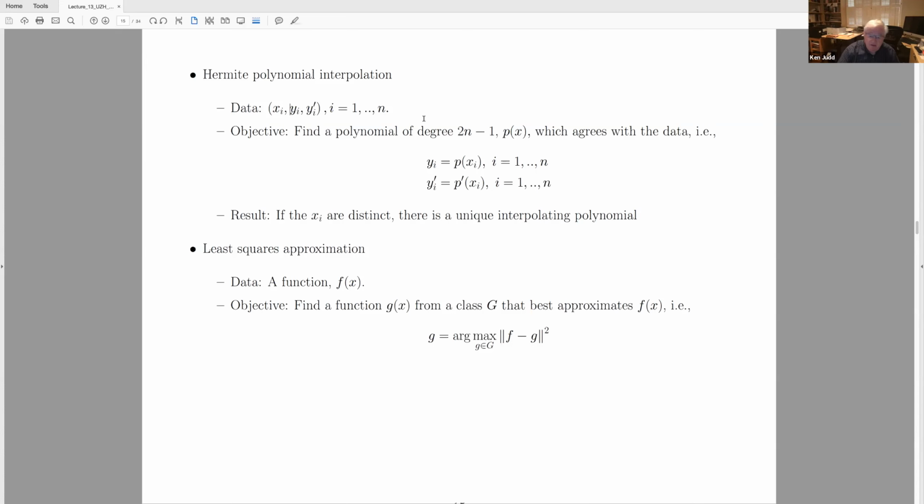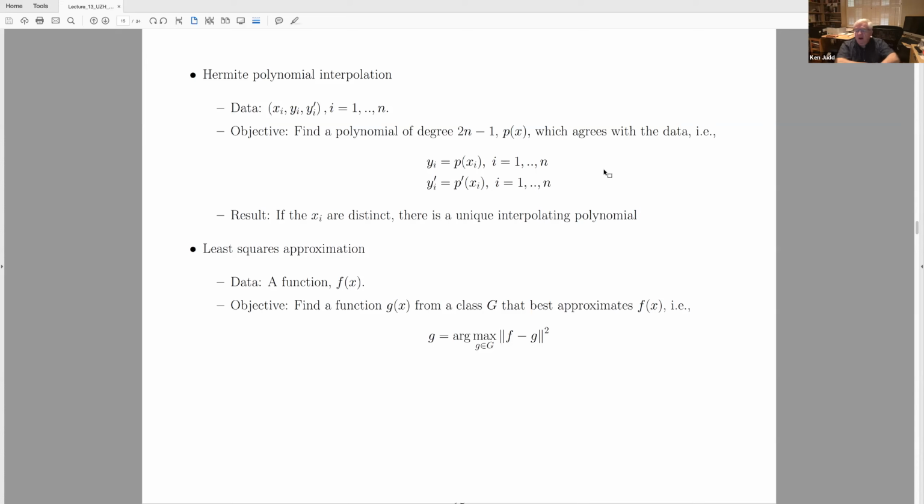Now you have 2n points of information. So you try to find a degree 2n minus 1 polynomial, which agrees with the data. By agreeing with the data, it means that you want the yi's to be equal to the polynomial at xi and the derivatives also to agree. Now again, if the xi's are distinct, there's going to be a unique solution to that.